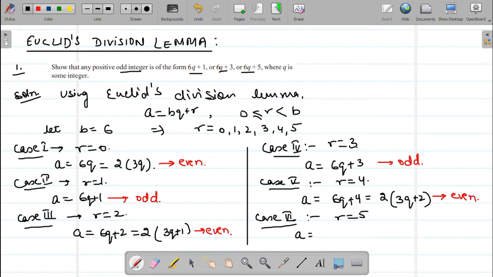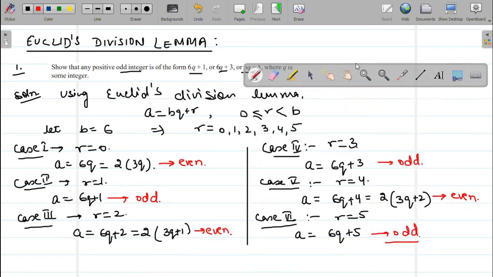So a comes out to be 6q plus 5, which is again an odd number as we cannot write it as a multiple of 2. So very clearly we have seen that 6q plus 1, 6q plus 3 and 6q plus 5 are the odd integers in this expression.